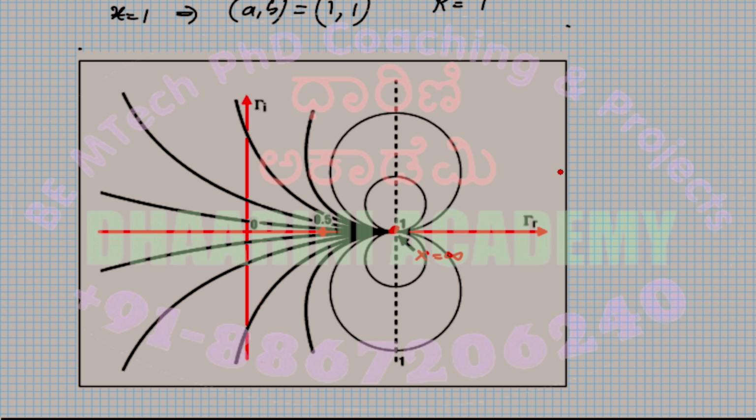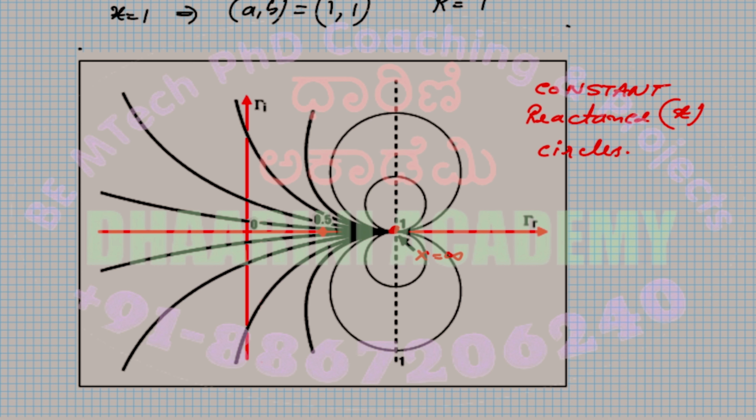So because of all these reasons, we call these circles, there's a name for that, constant reactance, constant reactance or constant x circles. So far we understood that, yes, this is how it's going to look like.